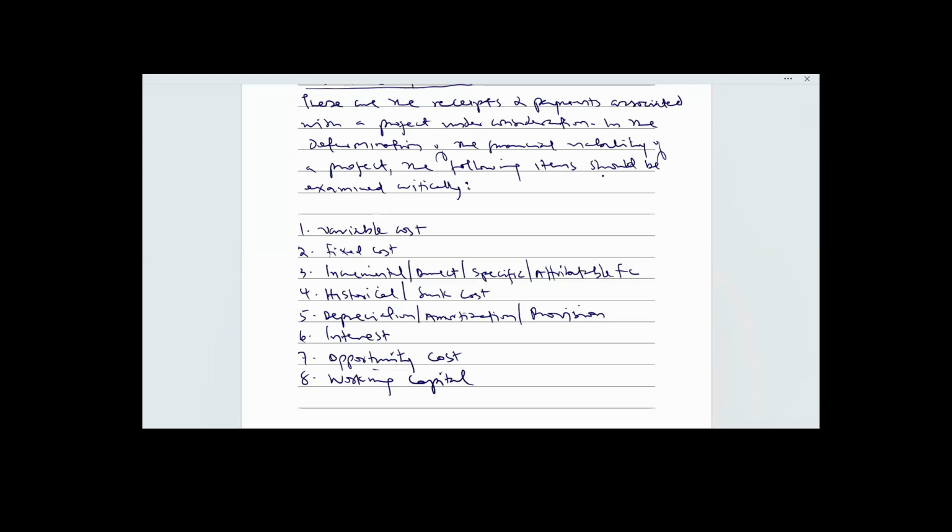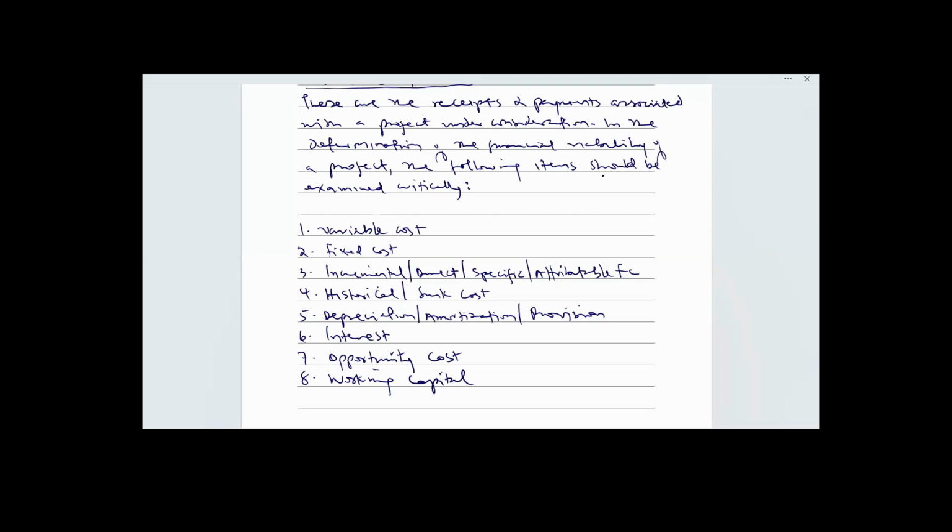The first item is variable cost. Variable costs are costs that vary according to activity level. It is also known as marginal costs or direct costs.